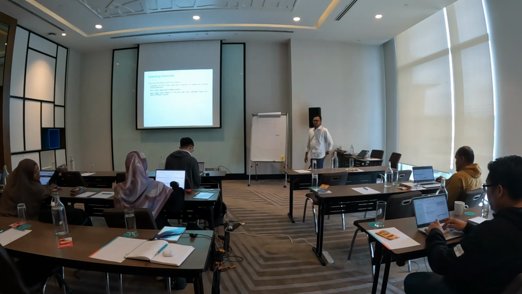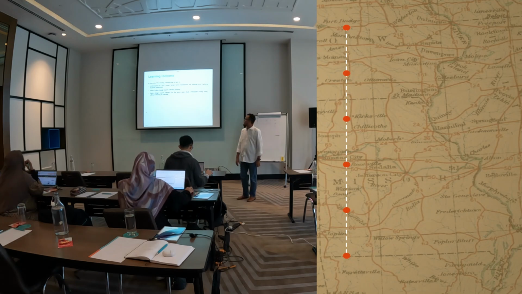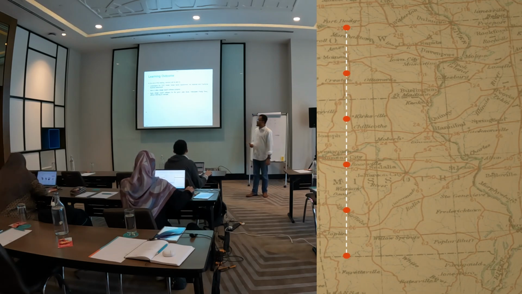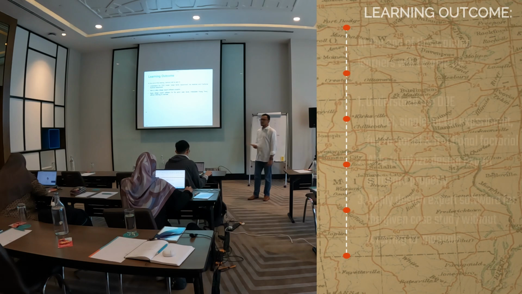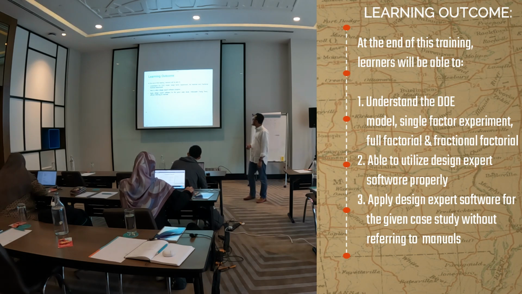Okay, next on the learning outcome. At the end of this training, learners will be able to first understand the DOE model, the design of experiment model, how to choose the model, and then we'll talk about the single factor experiment, full factorial, and fractional. So why we need to have full factorial, why we need to have fractional, we'll talk about this more.